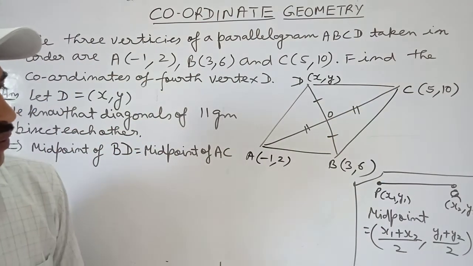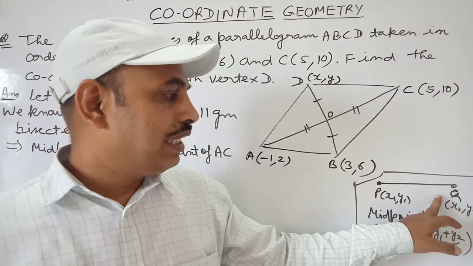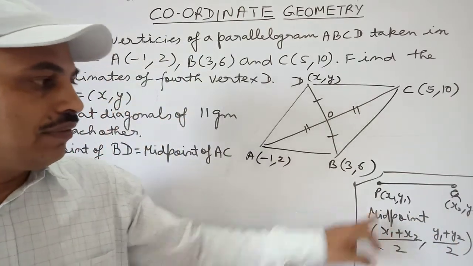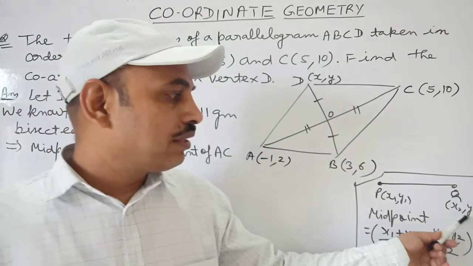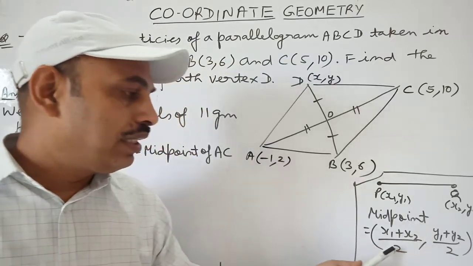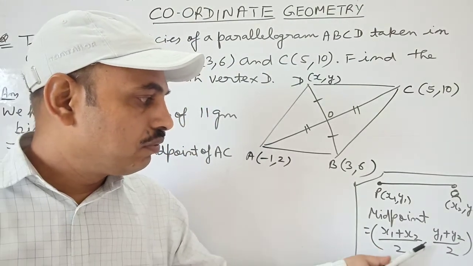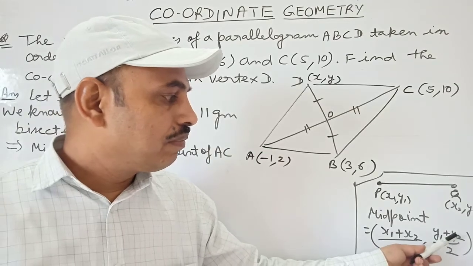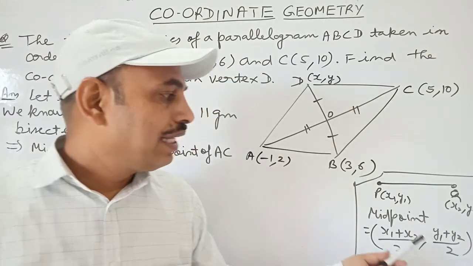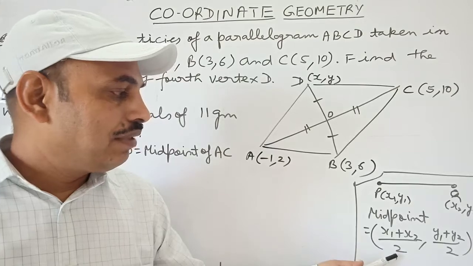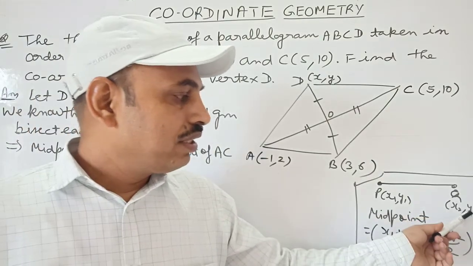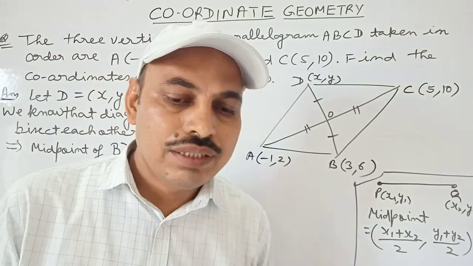How can we find midpoint? If PQ is a line segment, coordinates of P are x1, y1, coordinates of Q are x2, y2, then coordinates of midpoint are given by x1 plus x2 upon 2, comma y1 plus y2 upon 2. Add x coordinates and divide by 2. Add y coordinates, divide by 2.